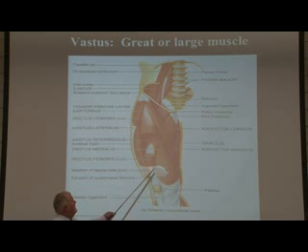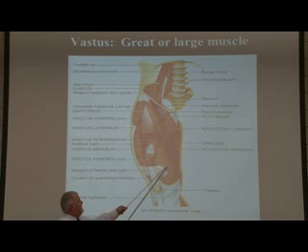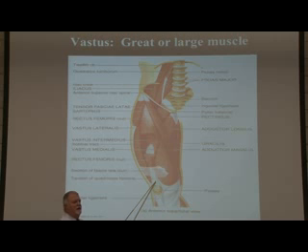So when we look at that, we call them the quads, where this name comes from, the quadriceps tendon, because quad is 4. So it's the fact that the vastus medialis, vastus lateralis, vastus intermedius, and rectus femoris all attached to this tendon. And so that's why they get the name the quads.